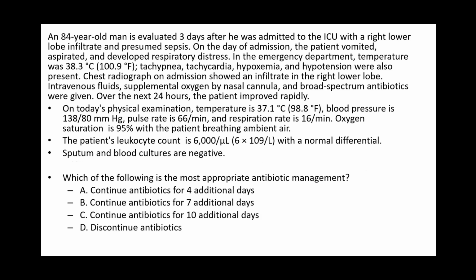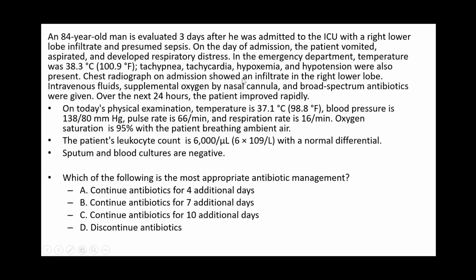And then I know we're short on time, but I really want to do this question, so I'll do an 84-year-old man who is evaluated 3 days after he was admitted to the ICU with a right lower lobe infiltrate and presumed sepsis. On the day of admission, the patient vomited, aspirated, and developed respiratory distress. In the emergency department, temperature was 100.9, and he was tachypneic, tachycardic, hypoxemic, and hypotensive.